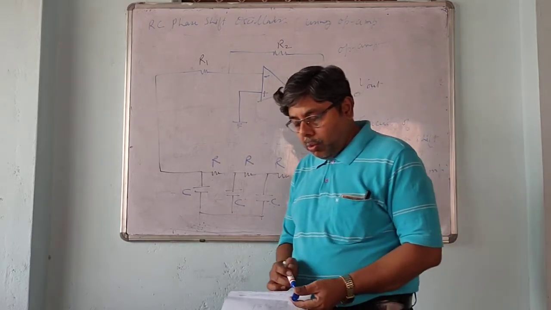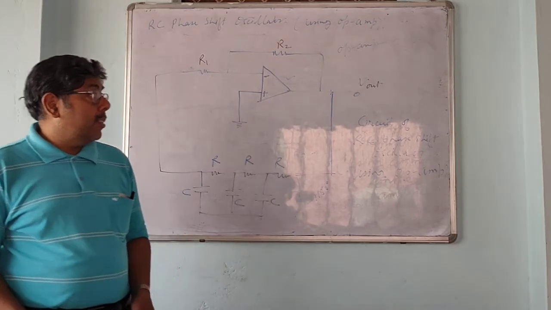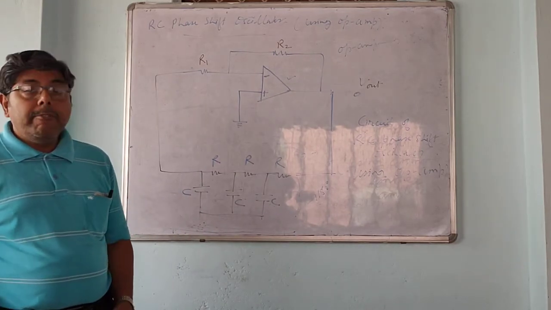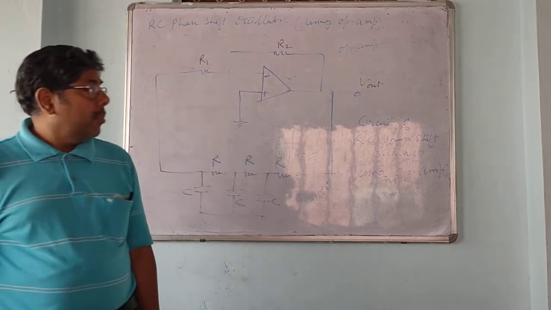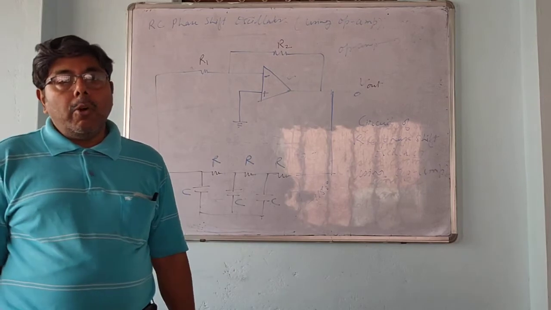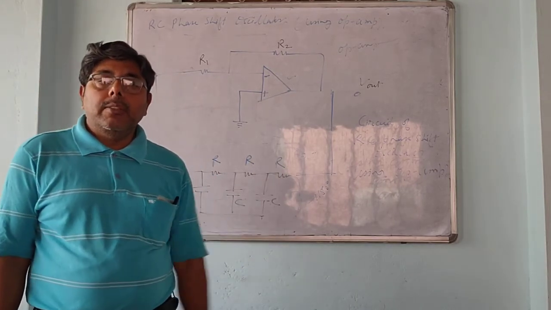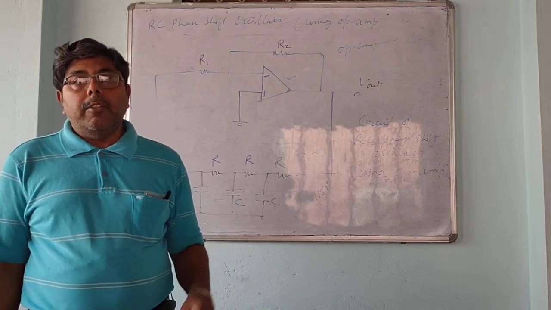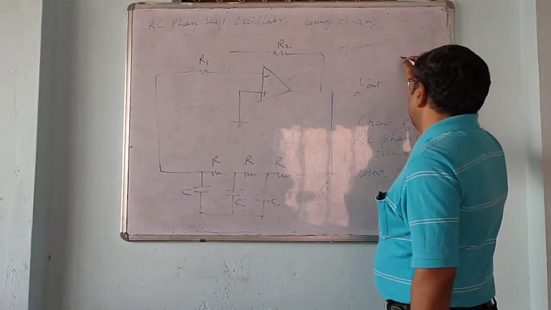So these are two circuits for RC phase shift oscillators, and next time we will derive the frequency of oscillation for these circuits. How can we calculate the frequency of oscillation, and what is the condition on the gain of this amplifier, because conditions are very important.